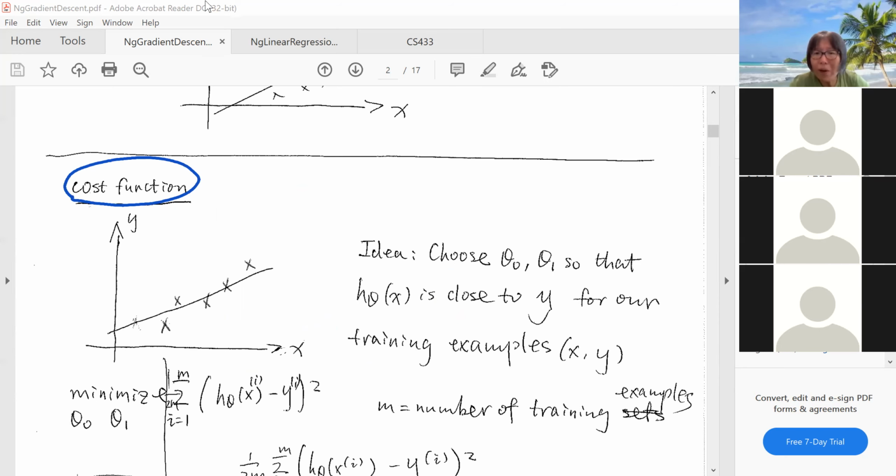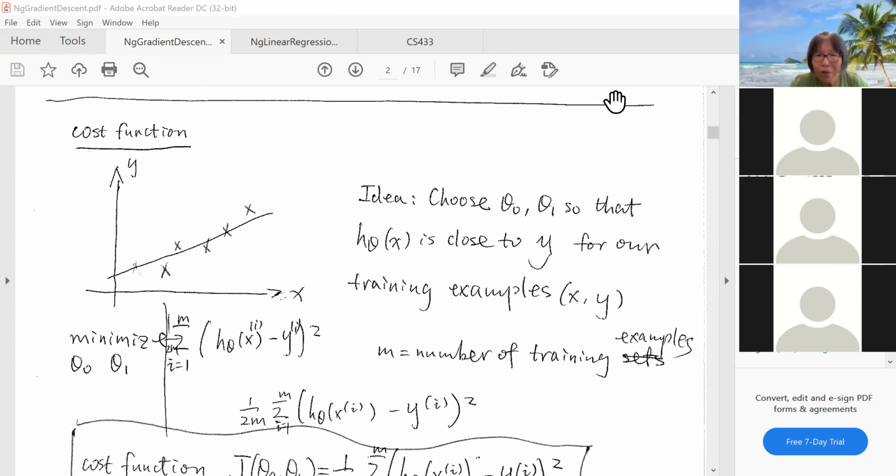So here, similar concept. We also try to use the cost function. So our goal is to choose the weight so that the hypothesis is very close to the real one.